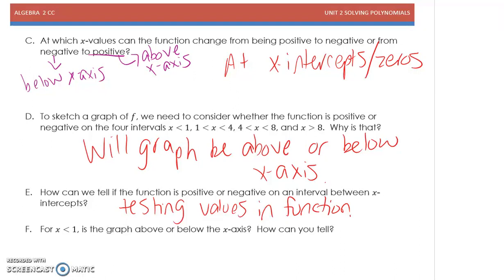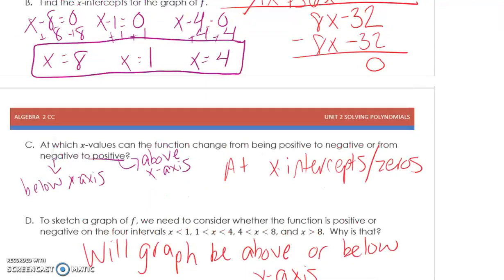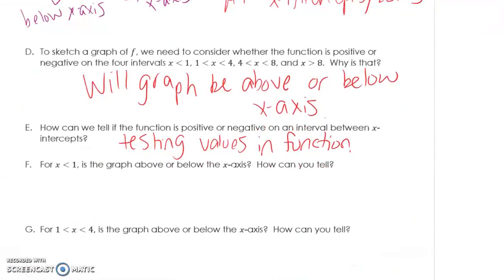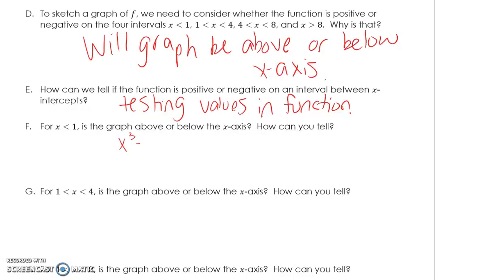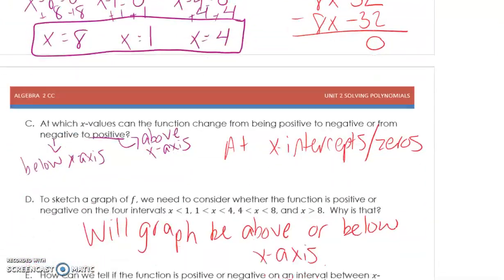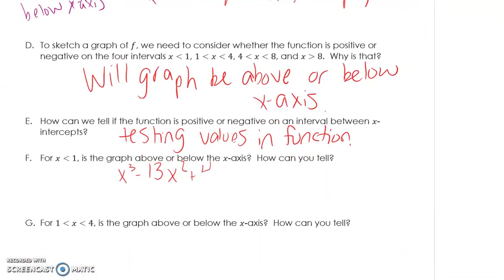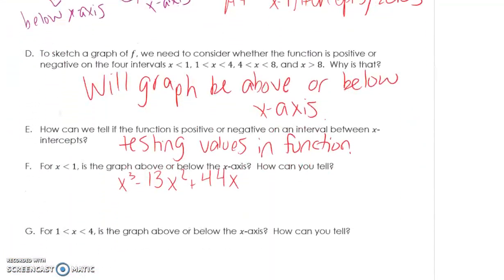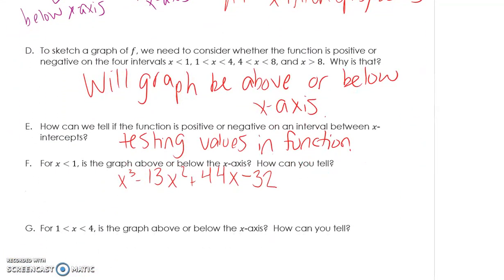So for x less than 1, you can choose any x value that is less than 1. I'm going to go up, make sure I'm rewriting the polynomial correctly. So we have x cubed... I really want to double check there.